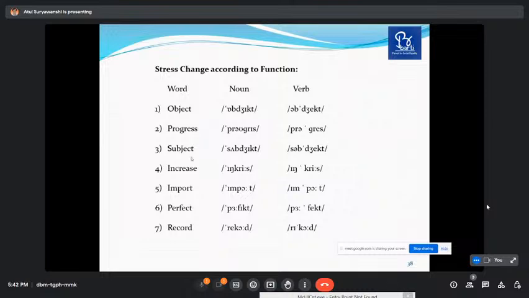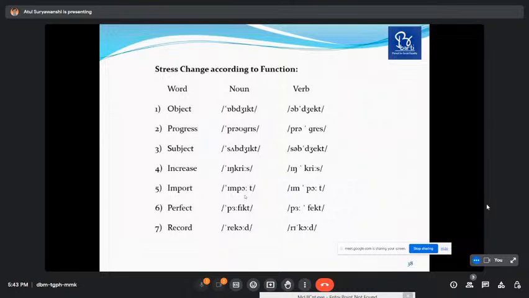Next is subject. When I use it as a noun, I have to say like this: 'subject'. And when I use it as a verb, I always say 'subject'. The same is the case with the word increase. Increase is noun, increase is verb.